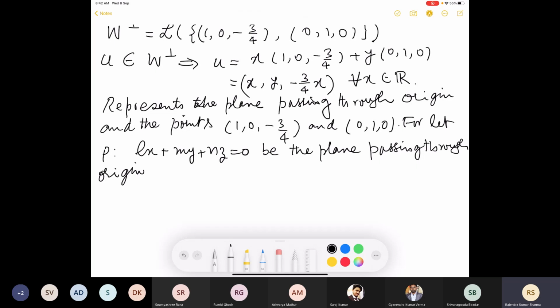This is the equation of a plane which passes through the origin. L, M, N are the direction ratios. Now it passes through these points, say (1, 0, minus 3 by 4) and (0, 1, 0). So this will give you some equations.